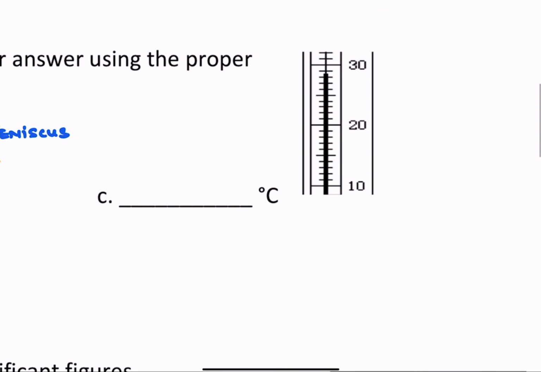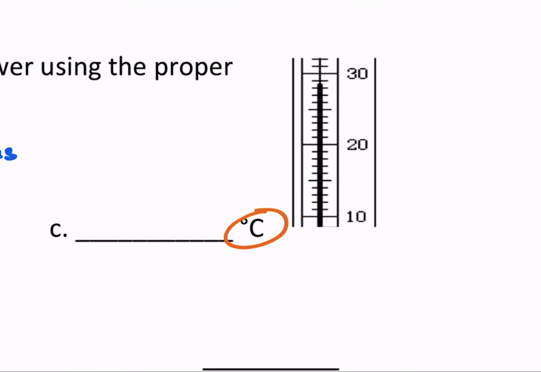Let's take a look at the next instrument. Here, the unit is degree Celsius, so it's a thermometer. And let's take a look at the marking because we always need to study the marks first. Observe that this goes every 1 degree Celsius, so that's 20, 21, 22, and so forth. Therefore, the level in the thermometer is in between 28 and 29.